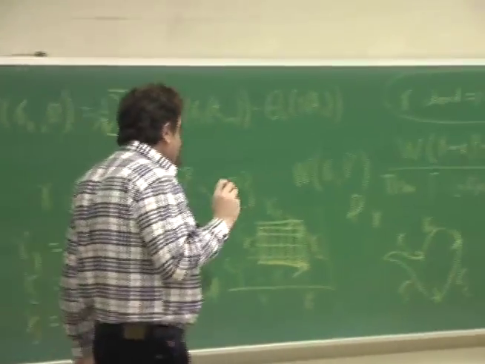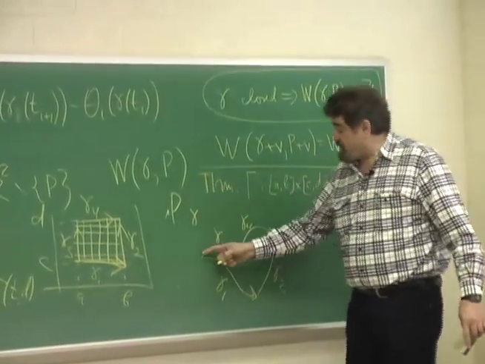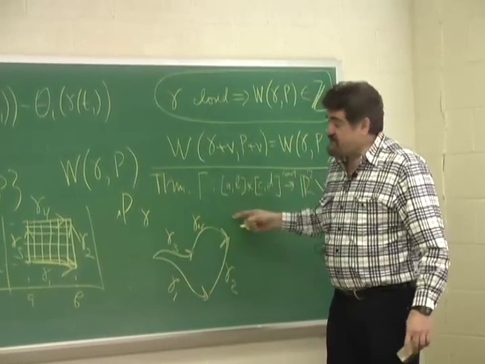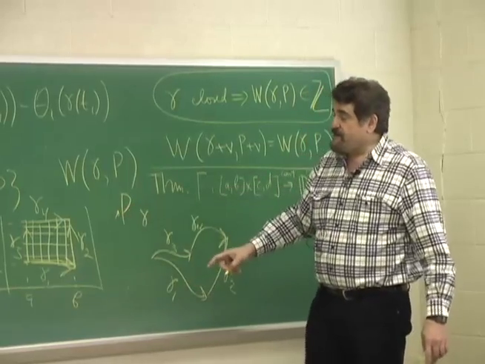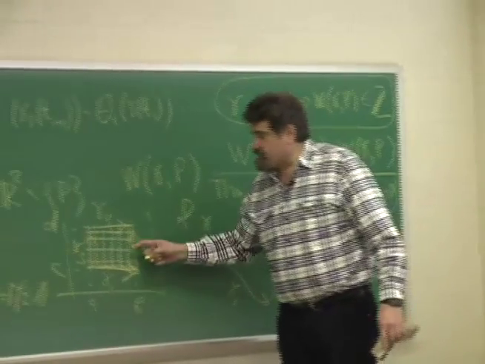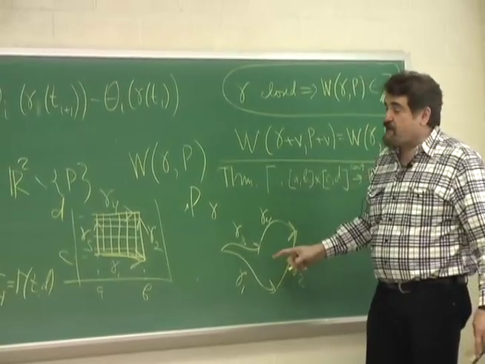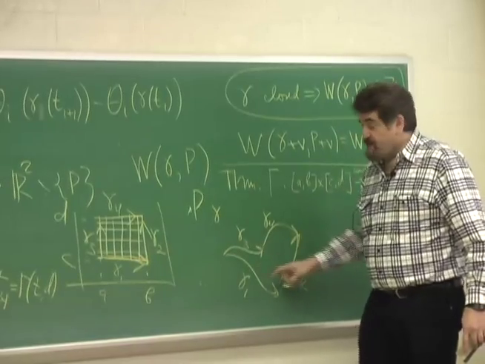Now I understand. The winding number of this plus this minus this plus this with respect to this point. Fine. The thing is, gammas are also written here, but actually gammas are the curves. The curves are the mappings from here to here.